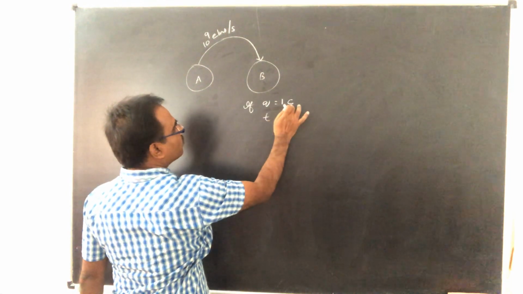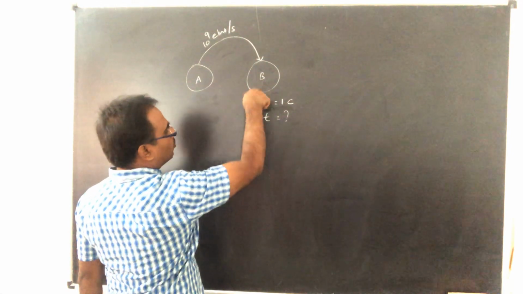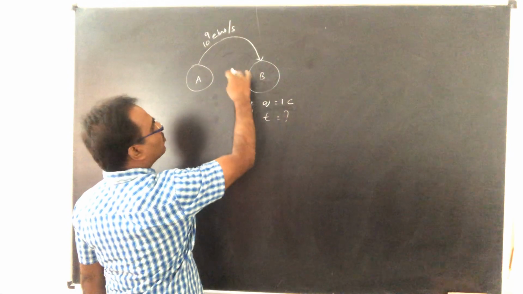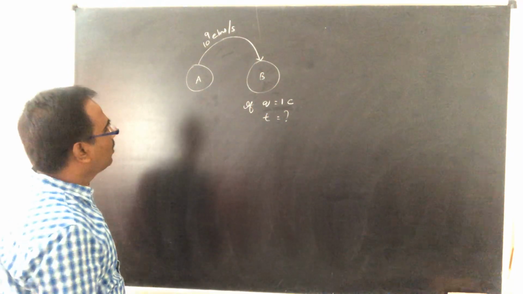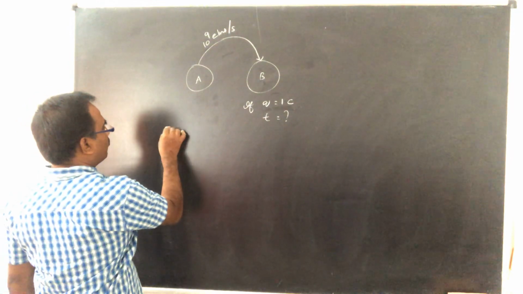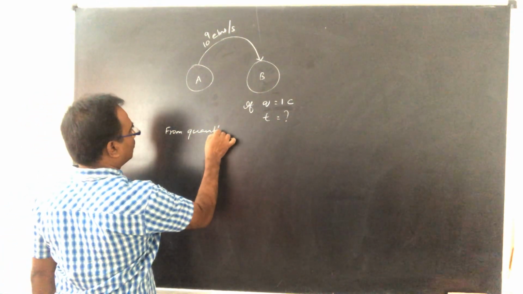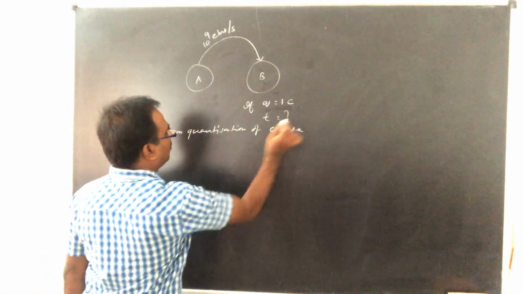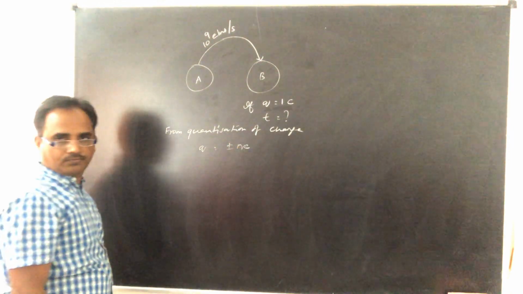So by the time it gets 1 coulomb, to get that many electrons here, you find the time taken. So from quantization of charge, this Q is equal to plus or minus Ne.